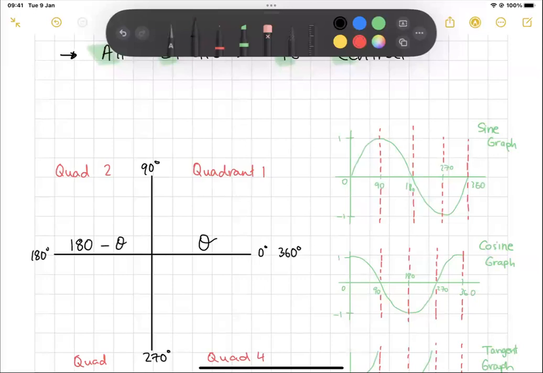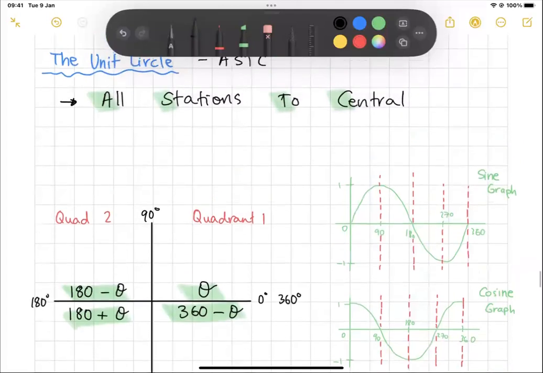To find an angle between 180 and 270, I would need to do 180 plus my theta. From 270 to 360, to find an angle there, I need to do 360 minus my theta. Those will help me find the angles depending on where it is.